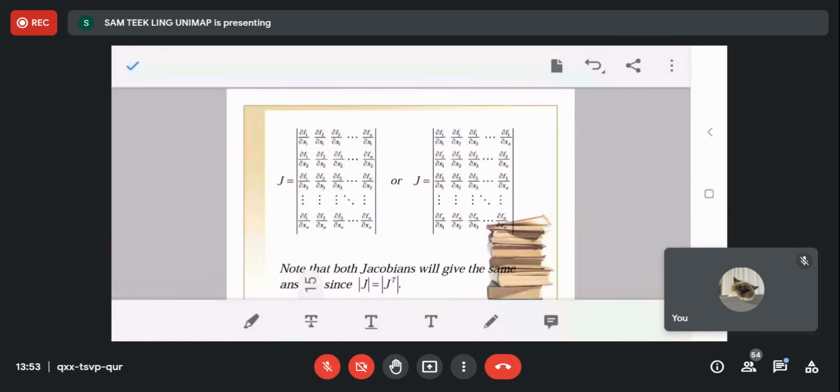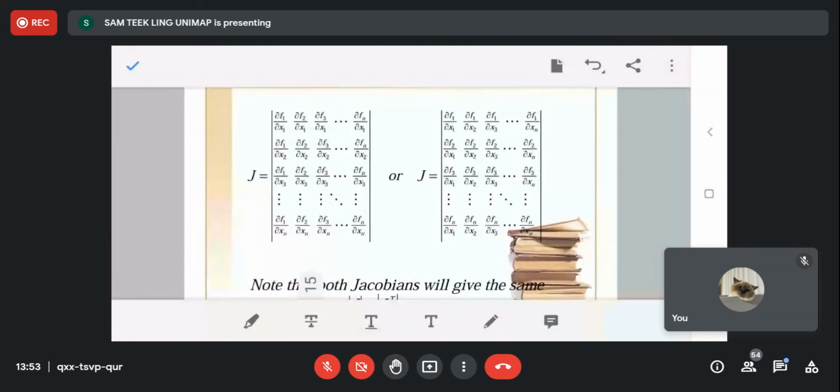And for this, J equals, and you can write this form or this form.